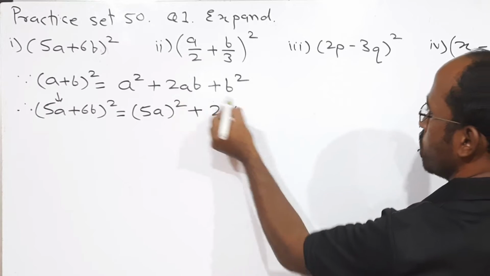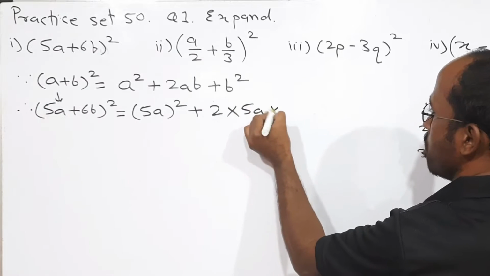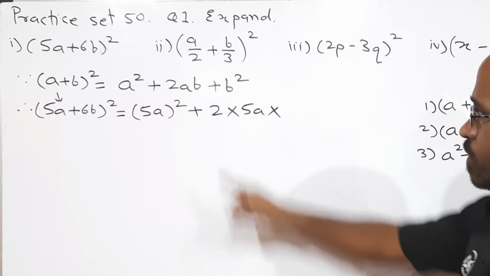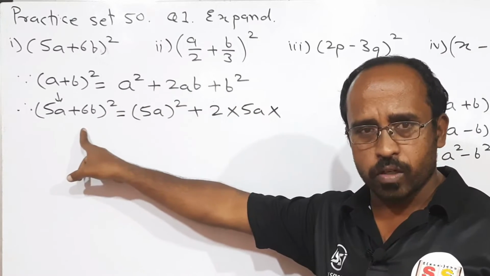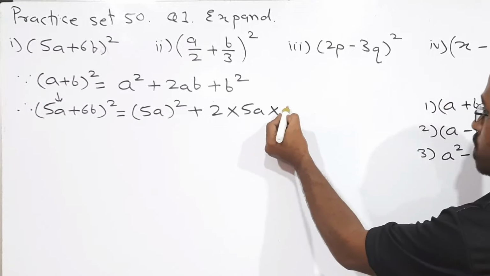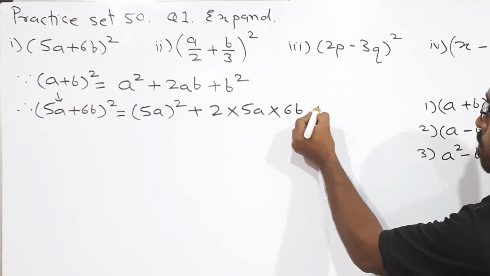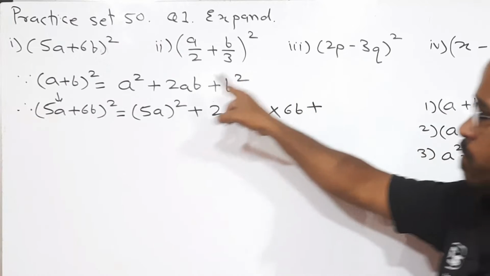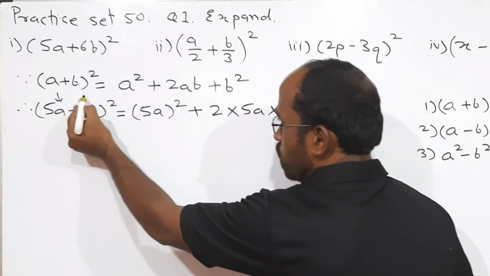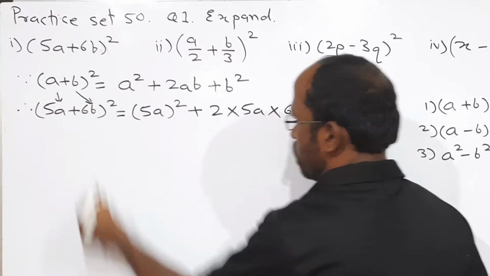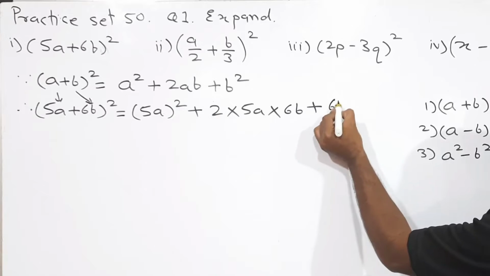So 2 multiplied by 5a multiplied by b. At the place of b, 6b. So multiplied by 6b. Clear? Plus b square means square of (6b), because at the place of b we replace 6b.